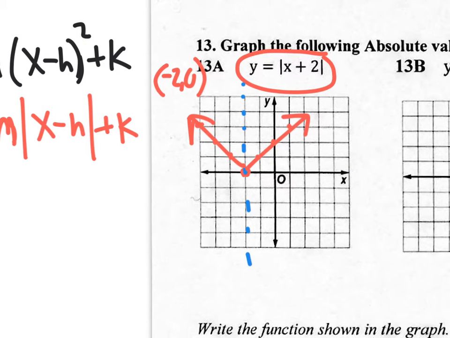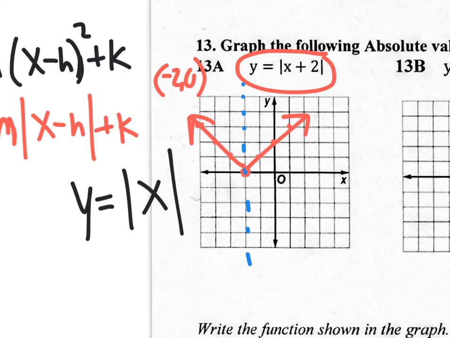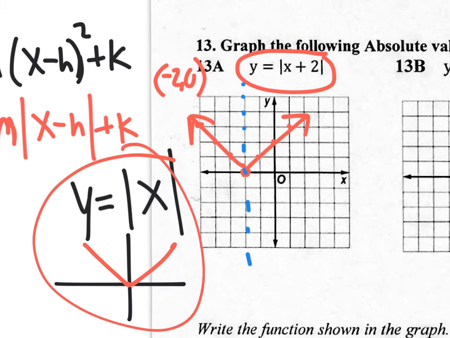So if I told you what is the graph of y is the absolute value of x, well, that on an xy plane is just going to be a regular V, but with the vertex 0, 0. Does that make sense? So if you do have an H, then the V is going to get shifted maybe to the left or maybe to the right, but you got to think opposite on H. And if you have a K, that's going to be an up and down shift.